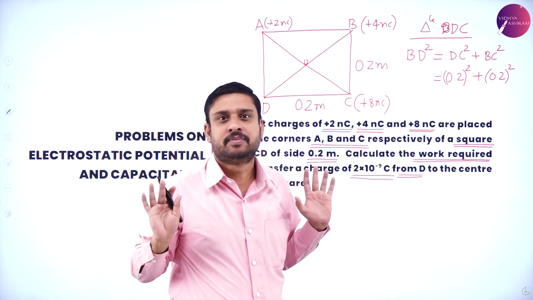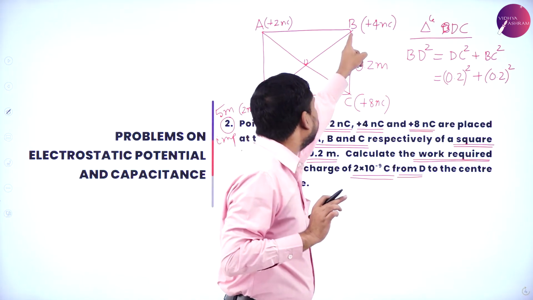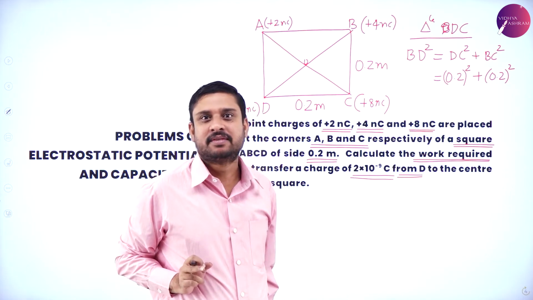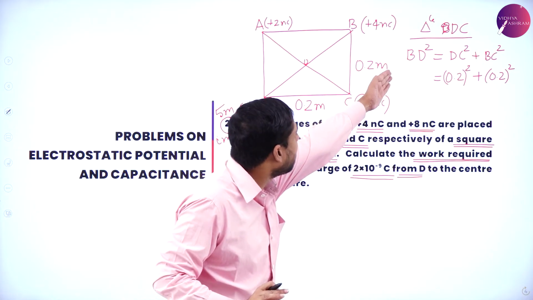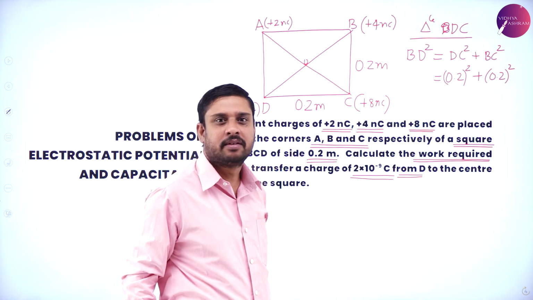Calculate BD. Once you calculate BD, OB should be half of that. The calculation part is for you, I have just given you the hint. The simplification has to be done.